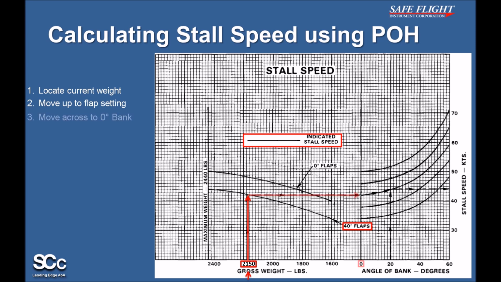Reading across to the 0 degree bank angle, and then up to the current bank angle, which is 20 degrees. From here, they would read across to the y-axis to find the calculated stall speed, which ends up being 44 knots. This would be very difficult to do while maneuvering the aircraft, and is still limited by the factors it doesn't account for, like center of gravity, power setting, gusts, and turbulence.